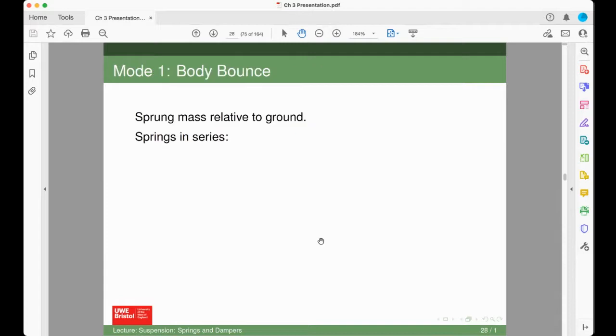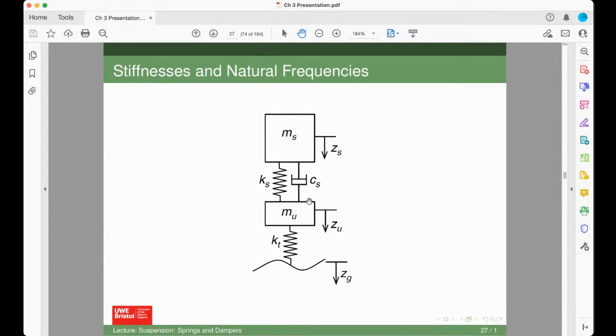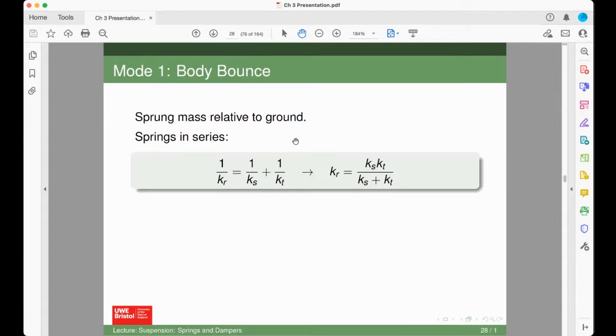Mode 1 is known as body bounce, and what you do with that is you neglect the mass of the unsprung mass here, in which case you then end up with springs in series. Basically this mass, MU, is going to be a lot smaller than MS. So you assume this to be 0, and so you end up with 2 springs in series, which gives you the spring stiffness for the sprung mass.